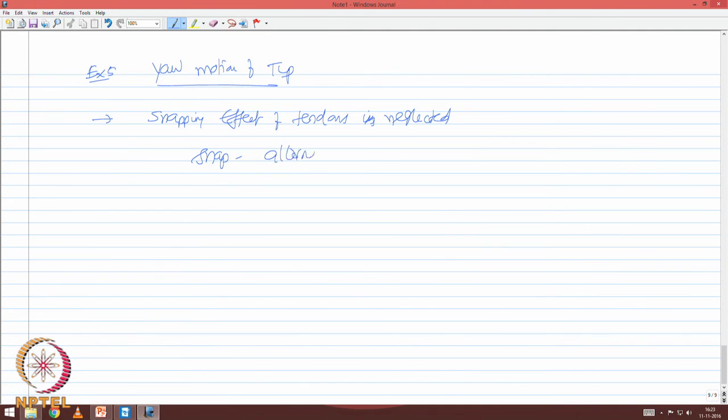Let us try to calculate the yaw motion of a tension leg platform. While calculating so, the snapping effect of tendons is neglected. What is the snapping effect? Snapping means alternate slackening and tensioning.